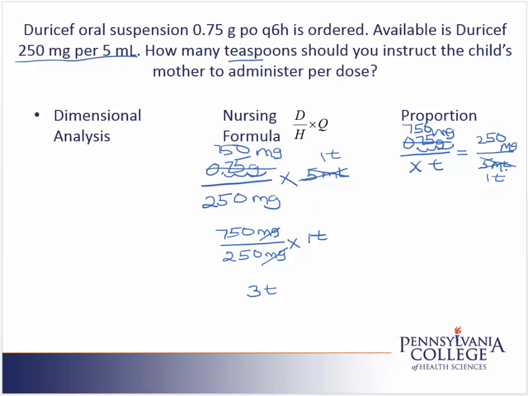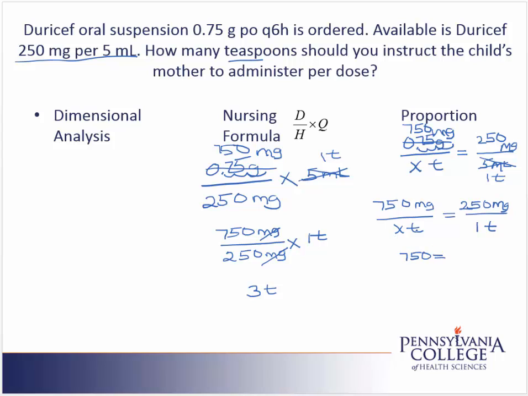I'm going to rewrite my proportion. It is truly a proportion now because the labels match, and so I do have equal fractions. So my first fraction is 750 milligrams over X teaspoons. And my second fraction is 250 milligrams over 1 teaspoon. To solve this, I cross multiply. So multiplying on my first diagonal, I have 750 times 1, which is 750.